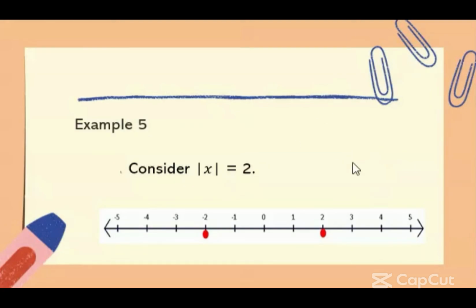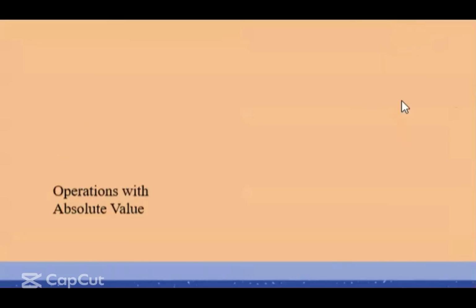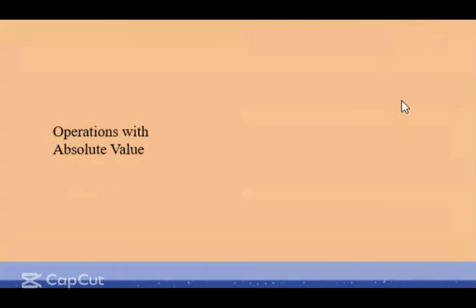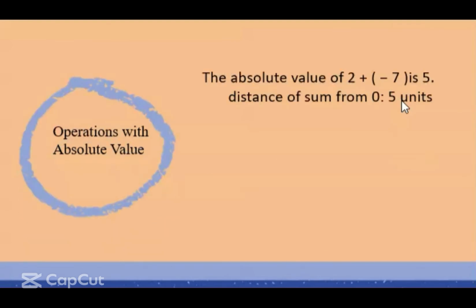Okay. And that again, that's the distance of a number or an integer from 0 sa ating number line. And when we say absolute value, it's just the number itself regardless of the sign. So, operations with absolute value naman tayo. So, paano to? The absolute value of 2 plus -7 is 5.